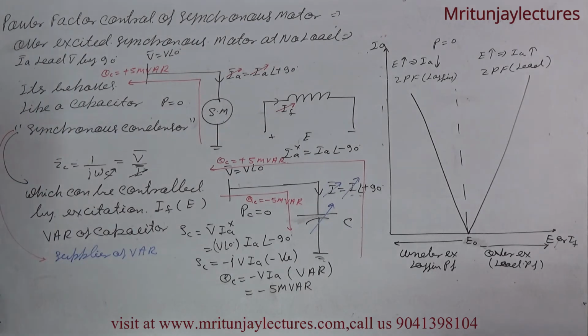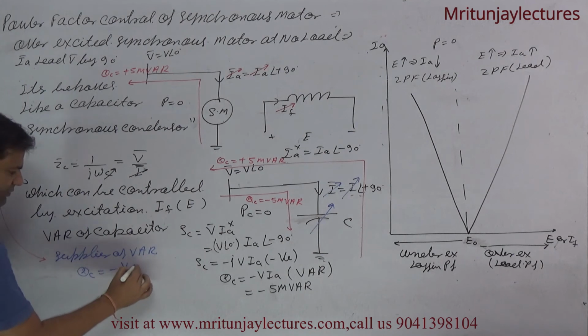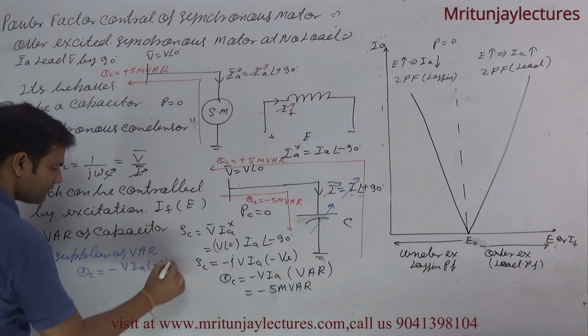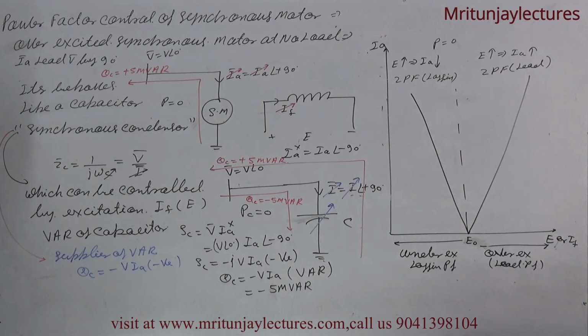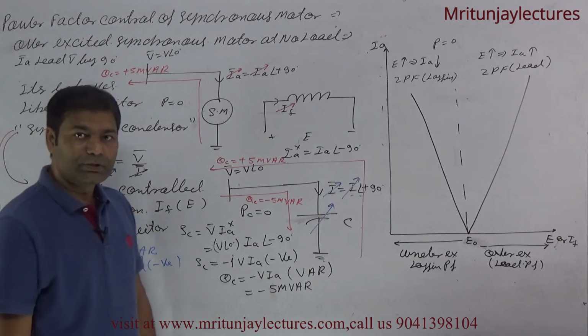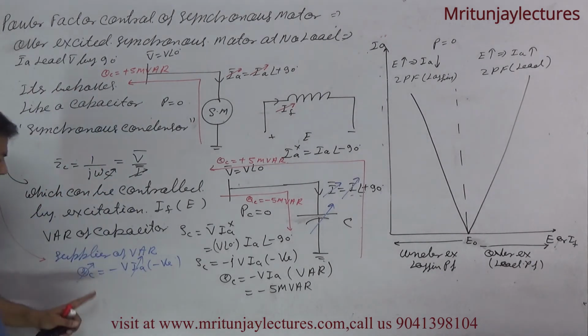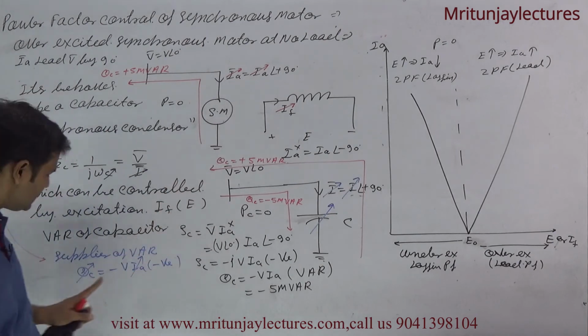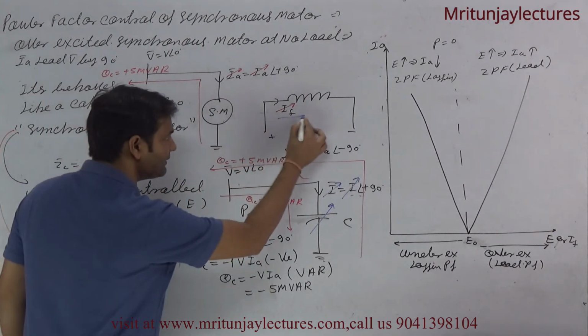Why? Because QC equals minus V into IA, which is negative. If IA is changed, then QC is also changed. IA is controlled by IF, so QC is also controlled by IF.